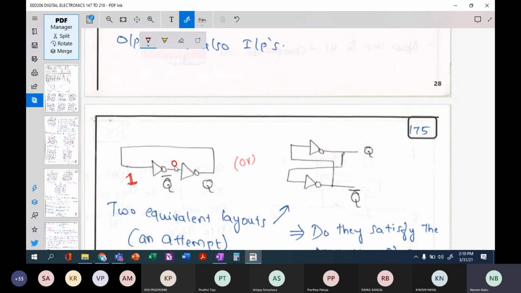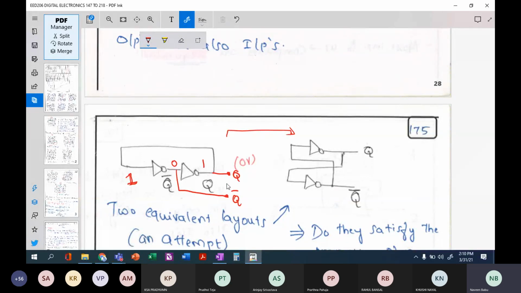If you want to take the output, then take a tapping here and a tapping here. This tapping is Q and this tapping is Q bar. The same circuit can be redrawn like this, right? Is there any difference here? There is no difference. I'm just going to highlight this. This is the Q line.